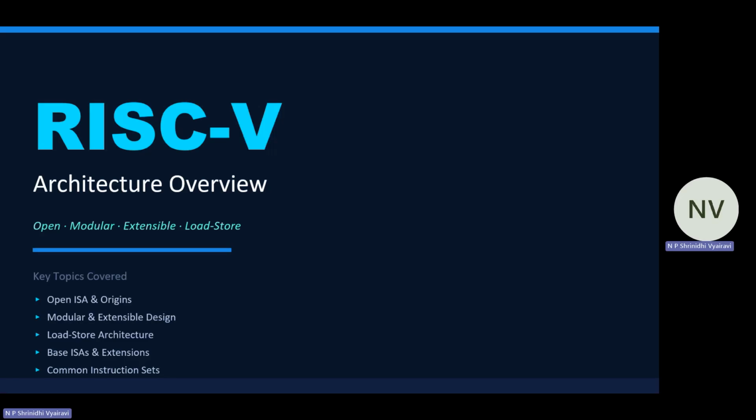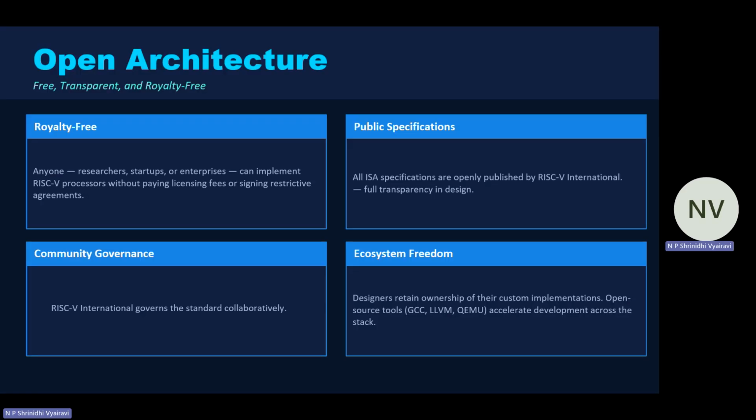A brief overview on the different extensions of the RISC-V architecture. Before moving on, let's look at the features. RISC-V is open source and completely free to use, unlike your x86 or ARM processors, which charge a licensing fee.